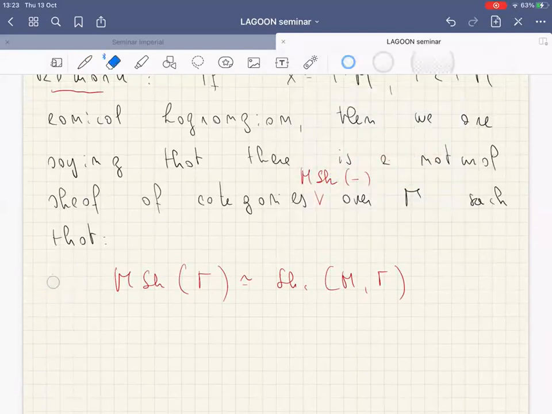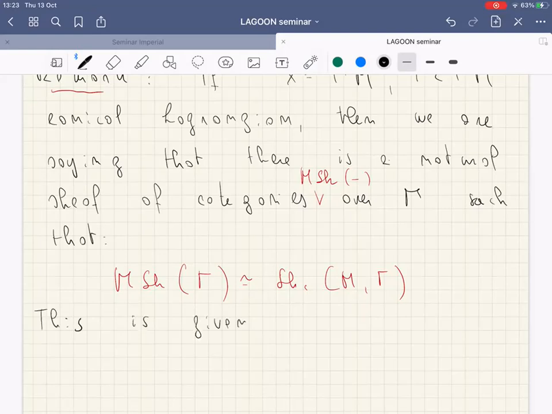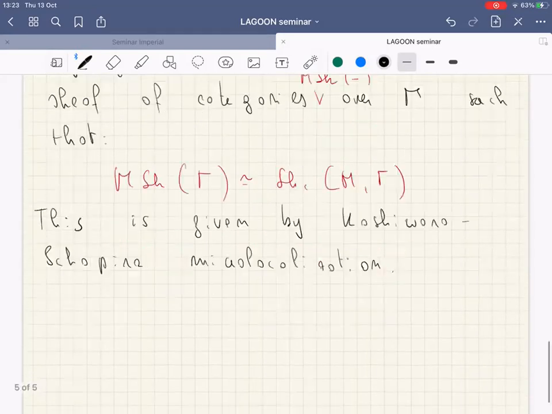So let me erase this. And this is something classically known. This is given by the theory of Kashiwara and Schapira, microlocalization.